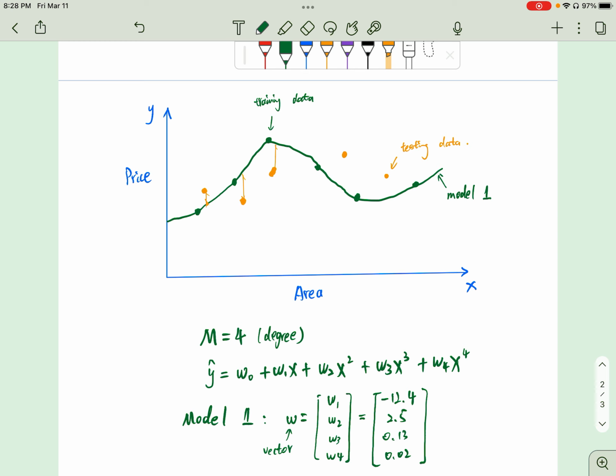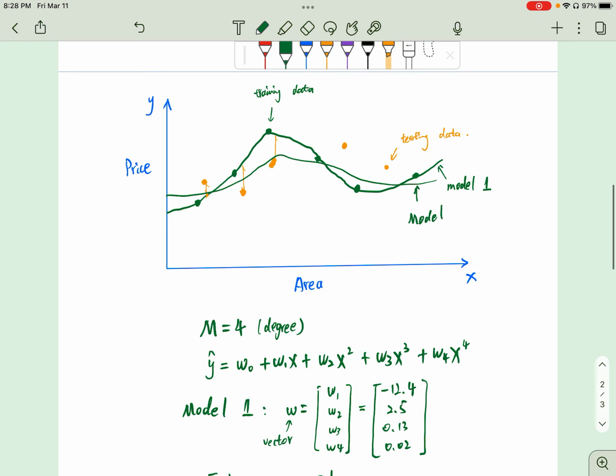Let me draw it again. Okay, let's suppose this is the second model you get, also a 4-degree polynomial, and this should be model 2.